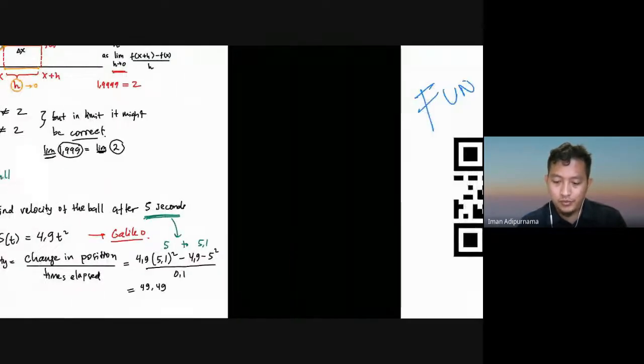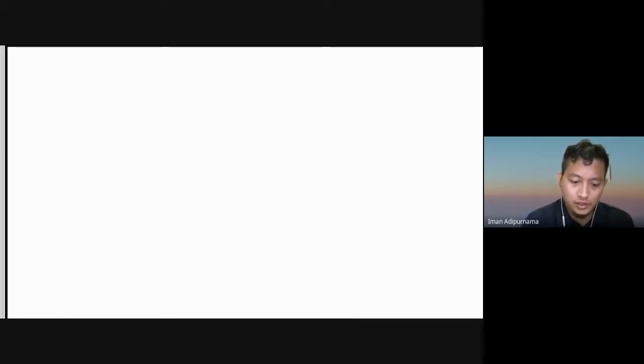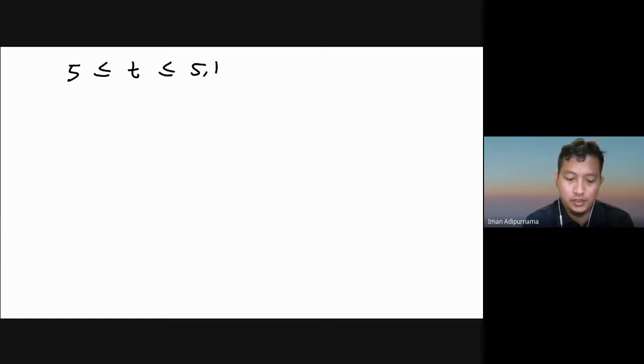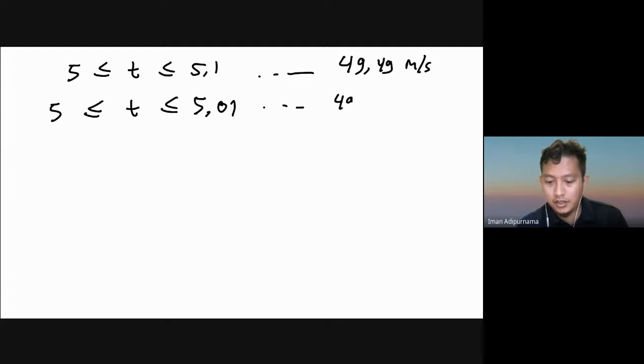Let me move here. New one. So you check 5 and 5.1, with the interval at 0.1. This is meters per second, and you get another result.